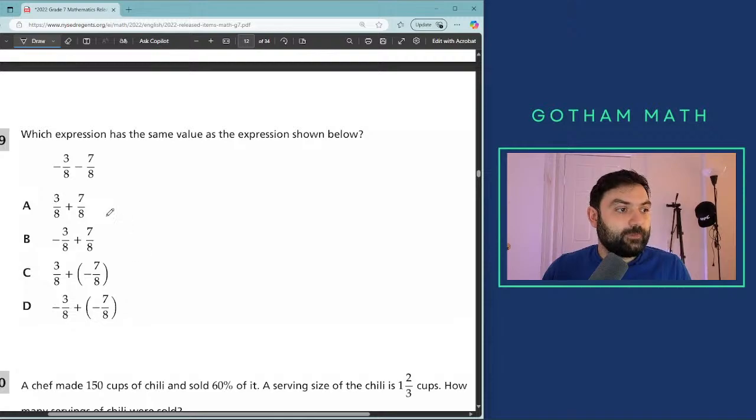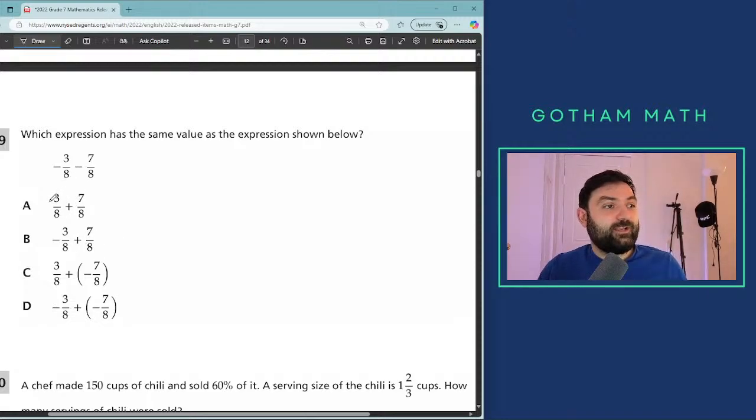All right. Which expression has the same value as the expression shown below? All right, so we have negative 3/8, negative 7/8, and there are multiple ways to do it. We can technically just calculate what the answer is here and find the same answer, but this is actually not that hard.